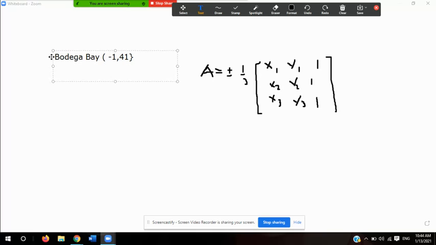The second coordinate that we have is for Año Nuevo Island, and we'll just call it New Year's Island, and it is 38 and negative 43.